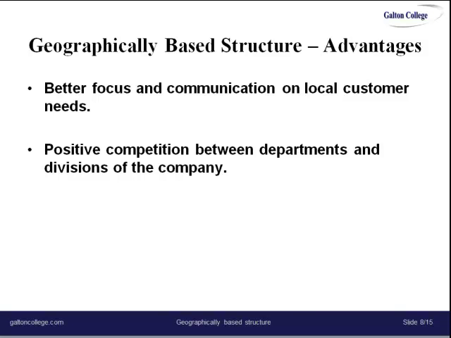It can promote competition between the departments and the divisions of the company. It may be the case, particularly now in our more globalized world, where similar products are being produced, let's say in Europe and in Asia, but perhaps priced differently according to local requirements, local demands, and perhaps have different functionality as well. But you may find some importers importing from the Asian market into Europe. So we have competition between the brands.